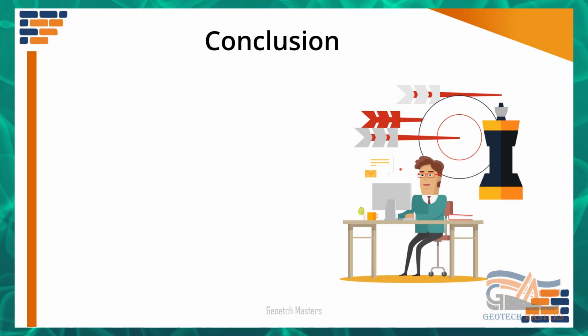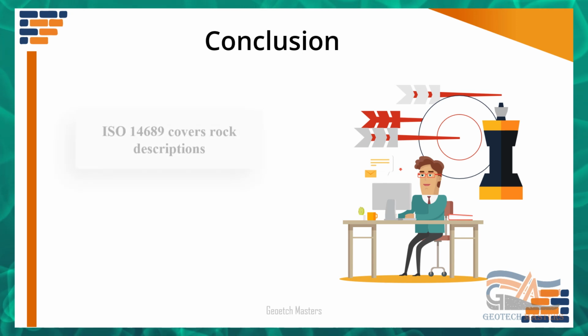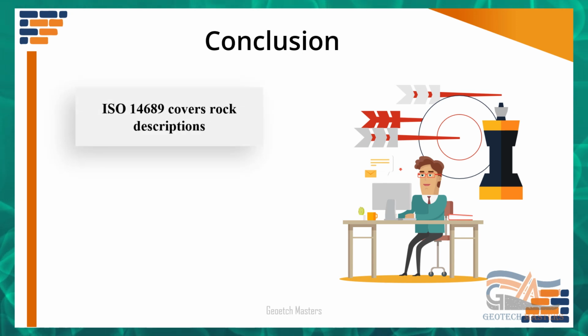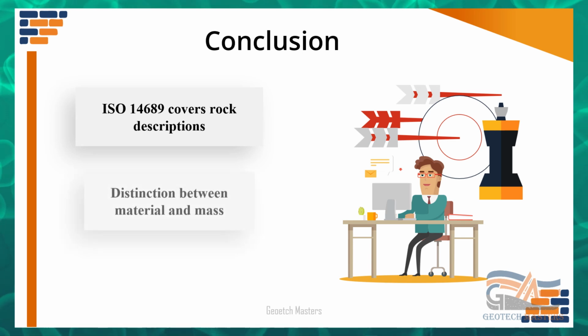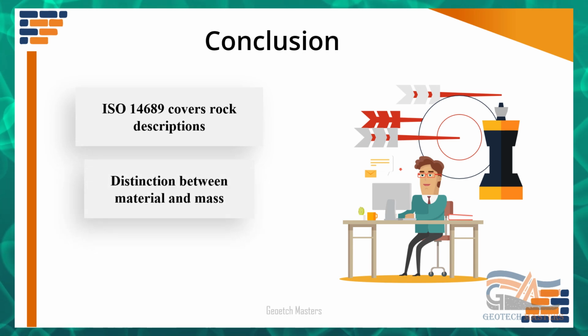Let's summarize what we have learned today. ISO 14689 provides the rules for identifying and describing rock for civil engineering. It applies to cores, samples, and field exposures. We learn the critical difference between rock material, which is the intact block, and rock mass, which includes the discontinuities.